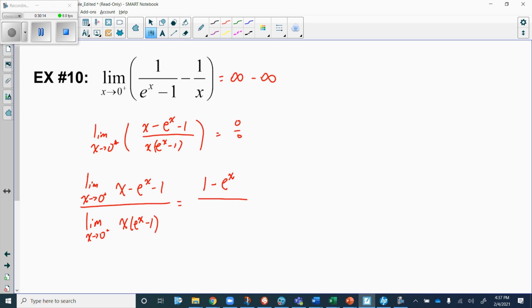The derivative of the denominator, if you distribute the x here, you're going to get x times e to the x power minus x. No, I think I wrote the denominator wrong. Yeah, let's get rid of these parentheses. I think I messed up on my denominator, so let me just fix that real quick.